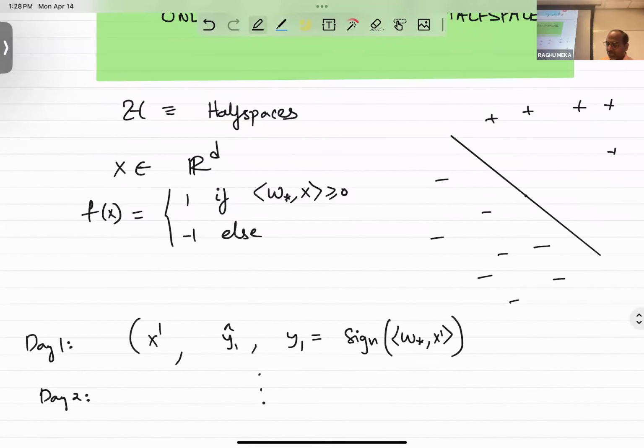So along with the fact that we have a nice hyperplane, where all points on one side are positive, all points on the other side are negative. One question is, you should imagine intuitively, if there is a gap between the negative and positive, it would be easier to learn, right?